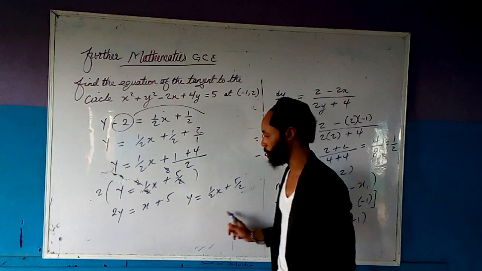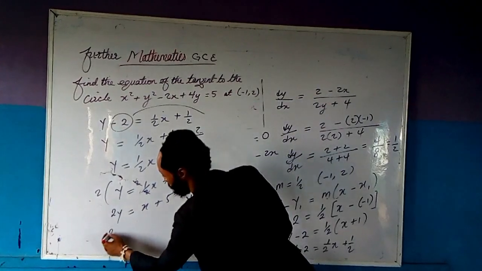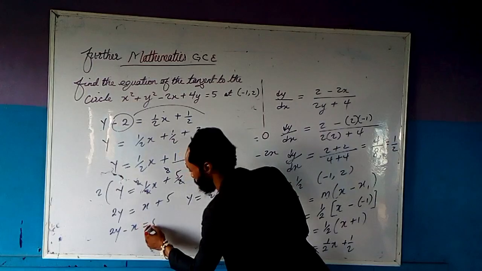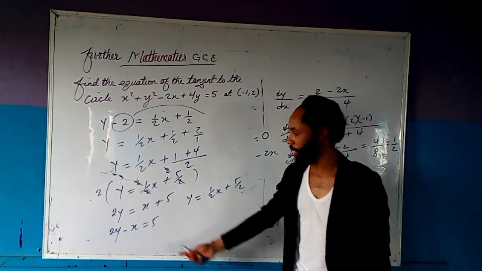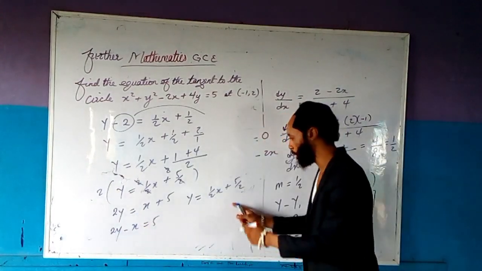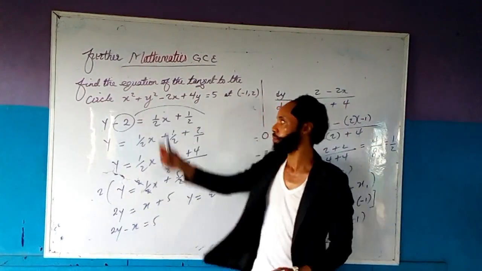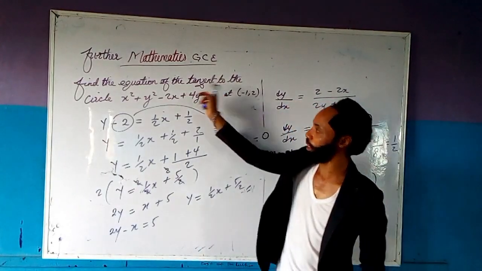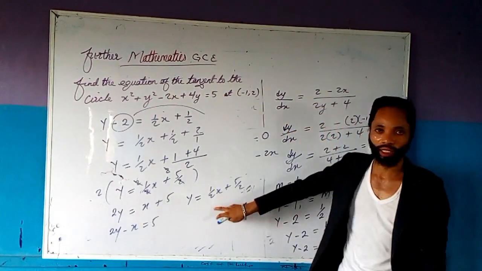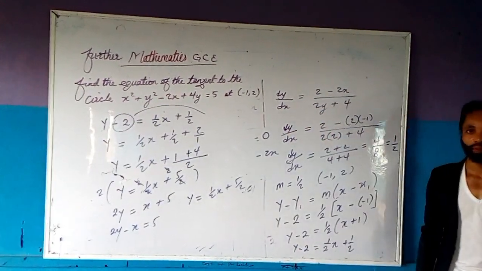This is correct. You can still write 2y minus x equals 5. It's correct. So this is the equation of the tangent line to the circle.